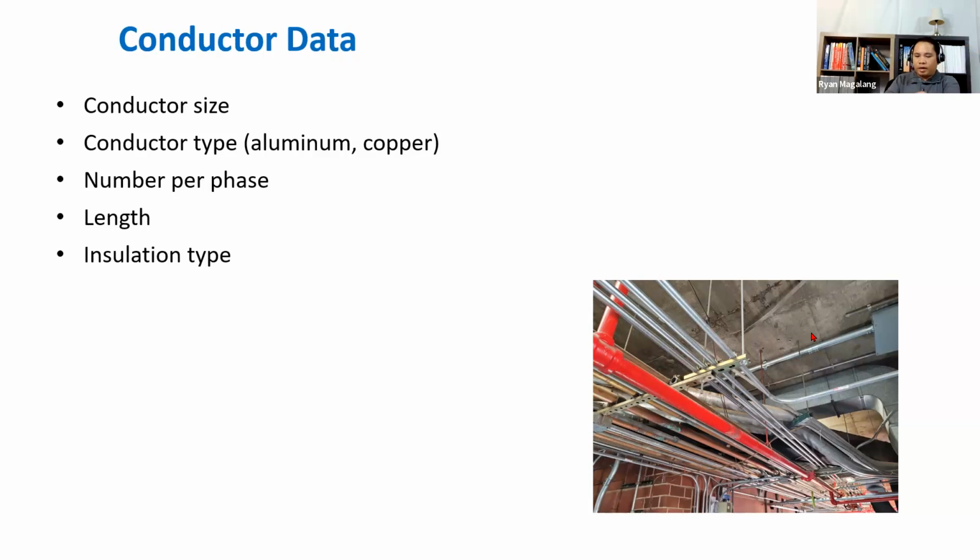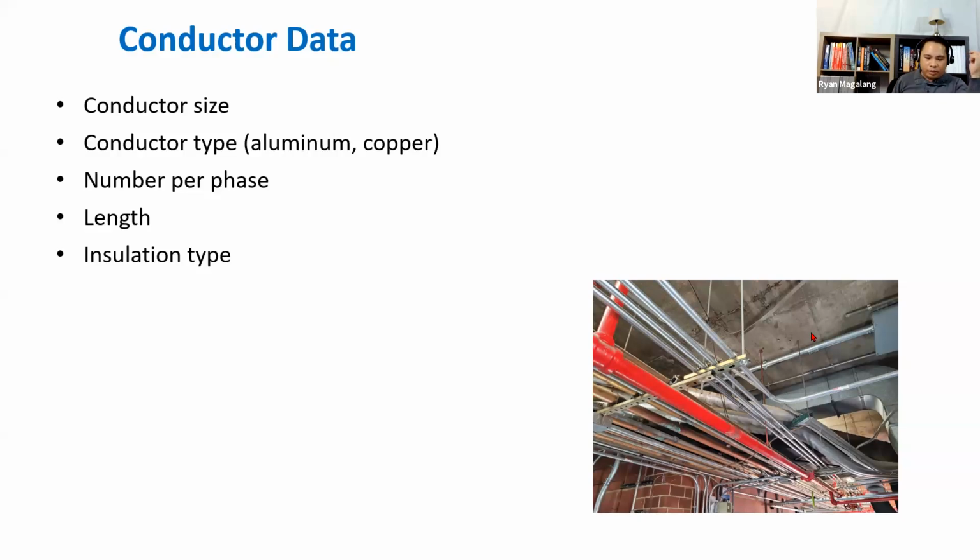And there are published tables from the National Electrical Code, from the IEEE standard, and most especially from the cable manufacturers themselves. They have this information readily available for us for free. You just download it. So get the data, I would say.